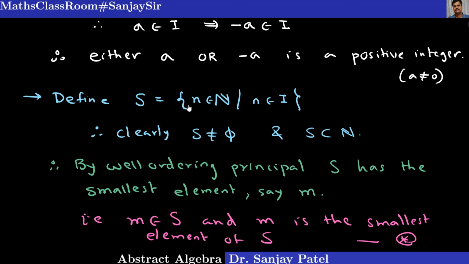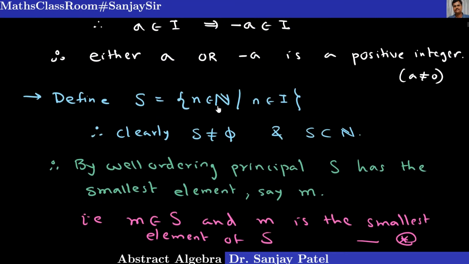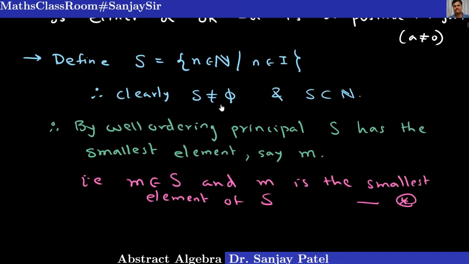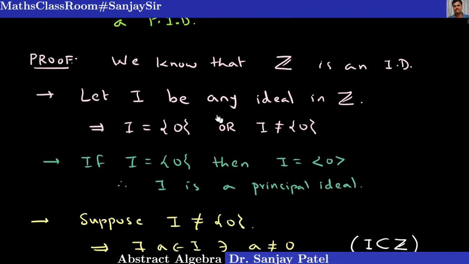What I will be doing here is I will show that the ideal I which we have started with is actually the ideal generated by this number m. So let us recall what we have done. I want to prove that Z is a principal ideal domain. So I start with an arbitrary ideal I in Z. If I is a zero ideal, I have shown that I is generated by 0, so it is a principal ideal.